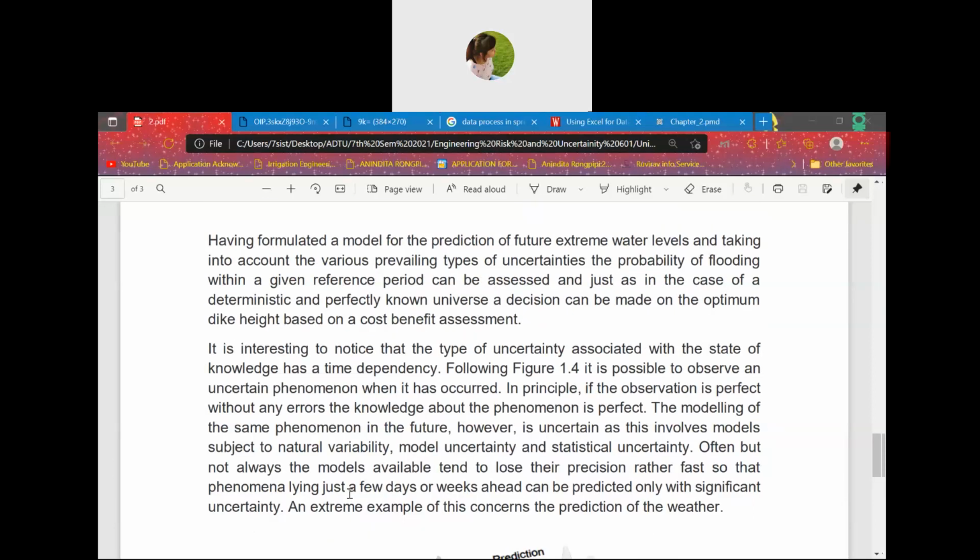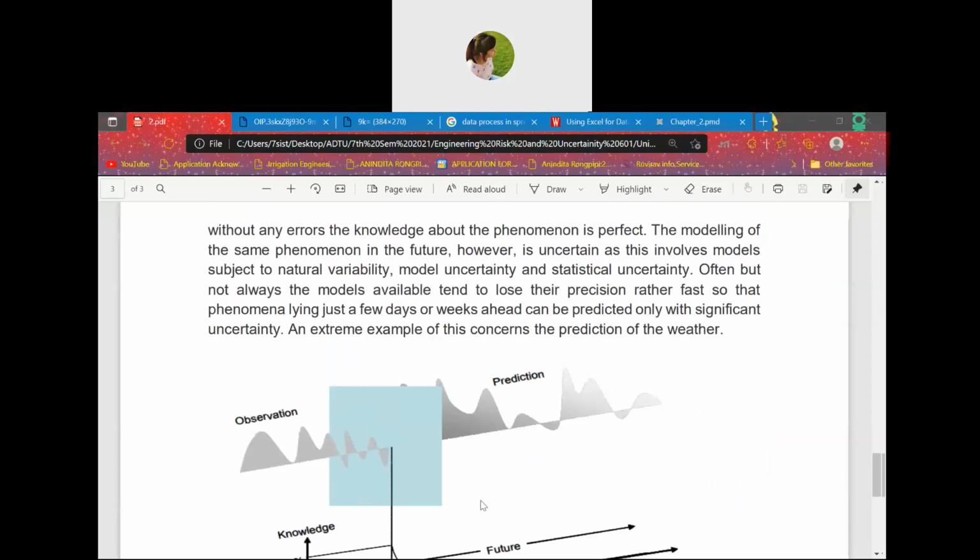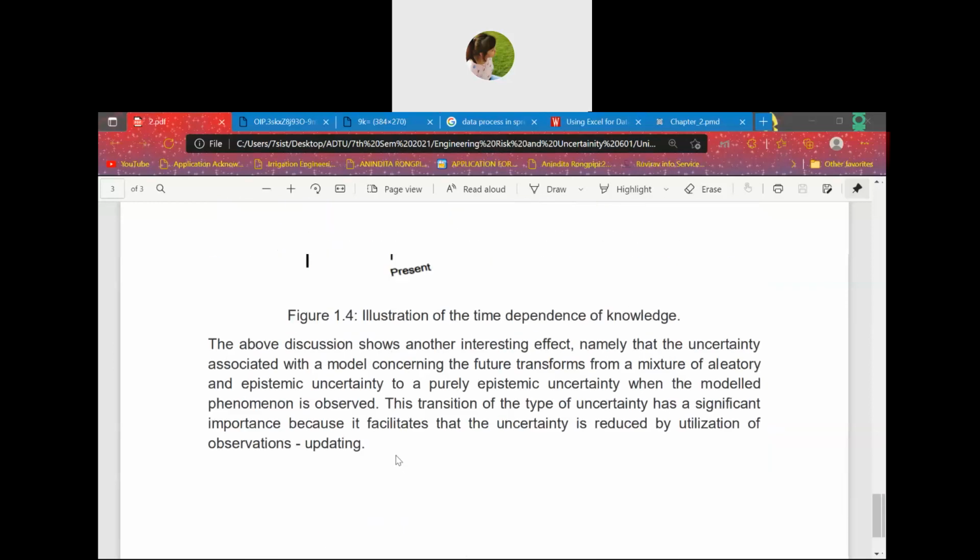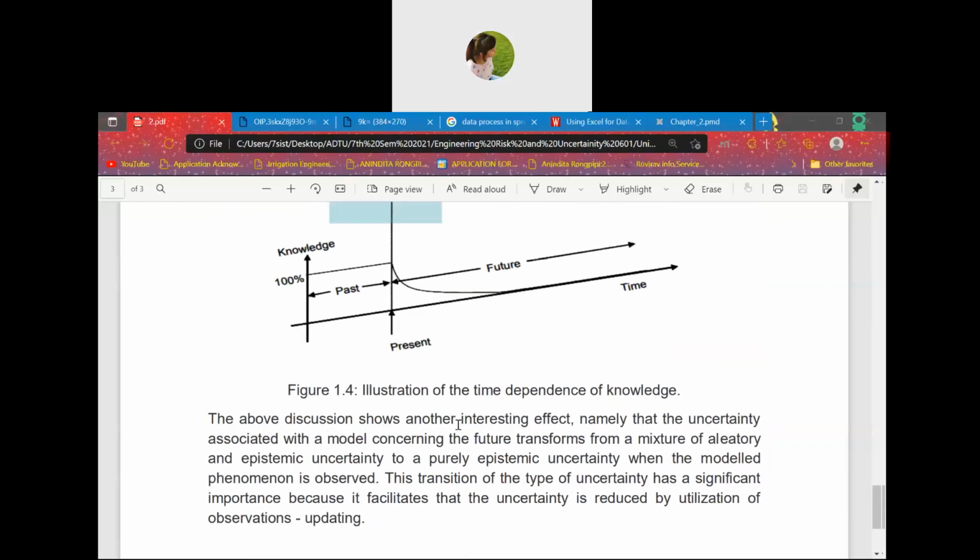So the above discussion shows another interesting effect, namely that the uncertainty associated with a model concerning the future transforms from a mixture of aleatory and epistemic uncertainty to a purely epistemic uncertainty when the modeled phenomenon is observed. This transition of the type of uncertainty has significant importance because it facilitates that the uncertainty is reduced by utilization of observations, which is known as updating.